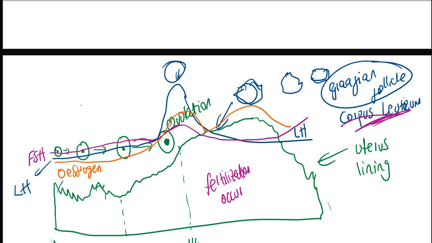Now one might wonder, why is the estrogen level going to increase here? Well, it's going to increase because, well, what does estrogen do? It makes sure that no other primary follicles are going to be produced.